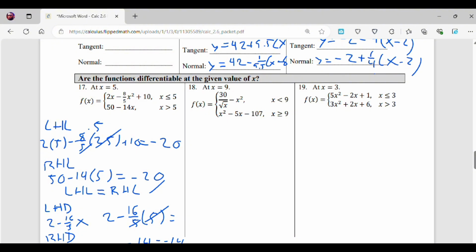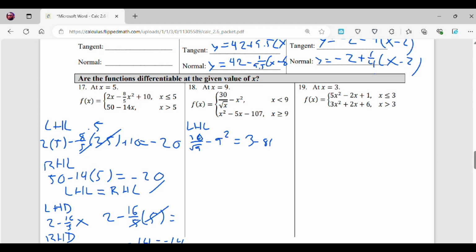So we're going to find our LH limit. Again, we're going to plug in. We use the top as our LHL because it's anything less than 9. It's 30 over square root of 9, minus 9 squared. 30 over square root of 9 is 3, minus 9 squared, which is 81.